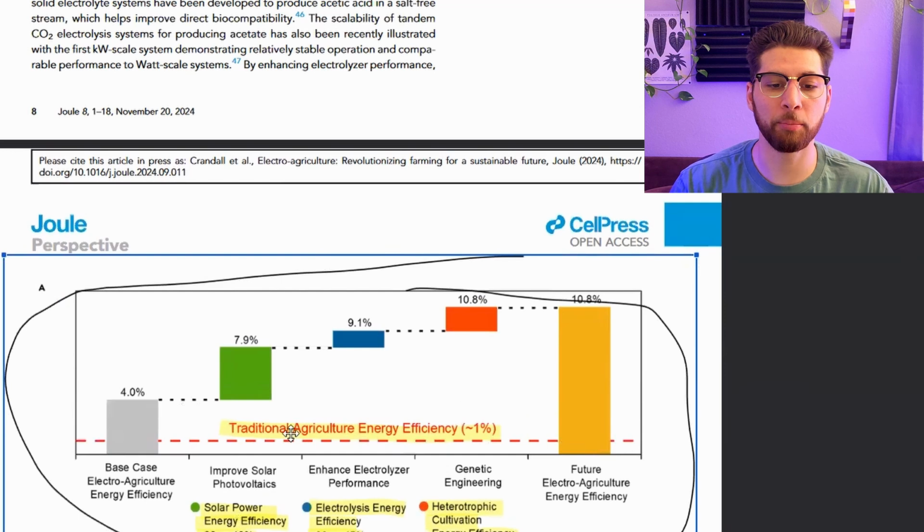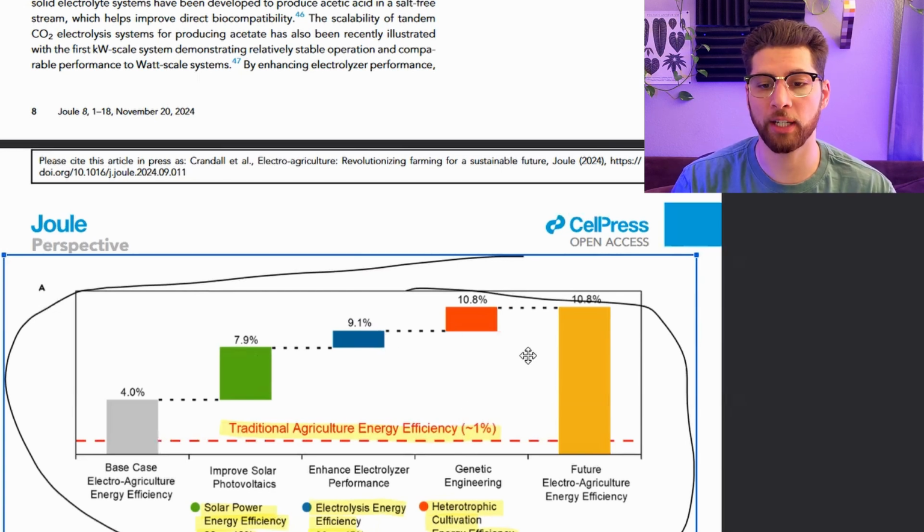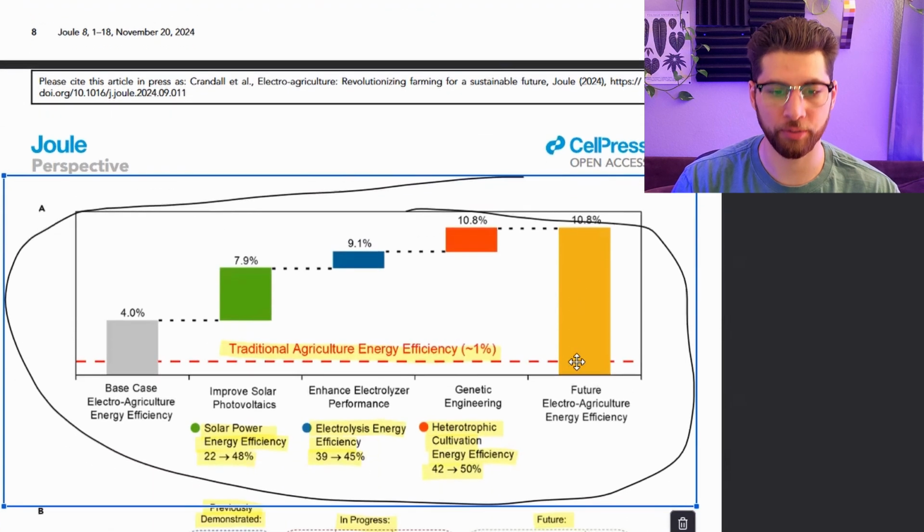Within the next decade, potentially, we have solar panels that are around 40% efficient commercially available. And so that's going to provide a huge benefit. The electrocatalysis efficiency is also going to improve somewhat, or is projected to improve. And then the cultivation of these organisms is also projected to improve. So potentially, in the next decade or two, we could have a system that's 10 times more efficient than traditional agriculture. Really, really cool stuff here.